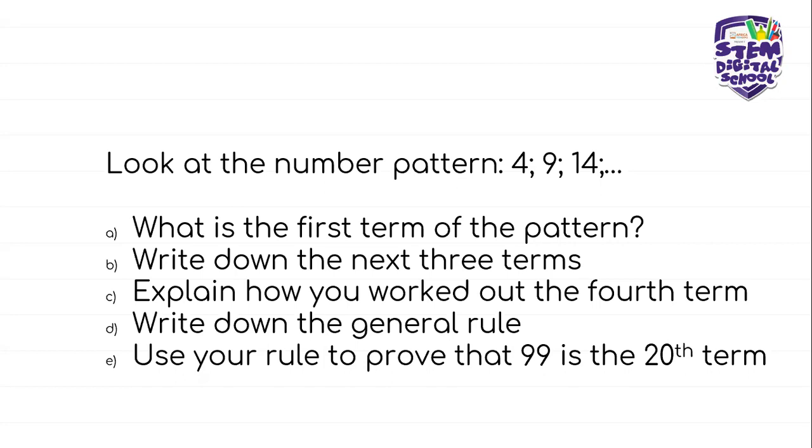And remember, the general rule will be able to help us to find any other term. Do you remember what I said about the general rule? We can use it to prove that 99 is the 20th term. So let's write down the general rule.